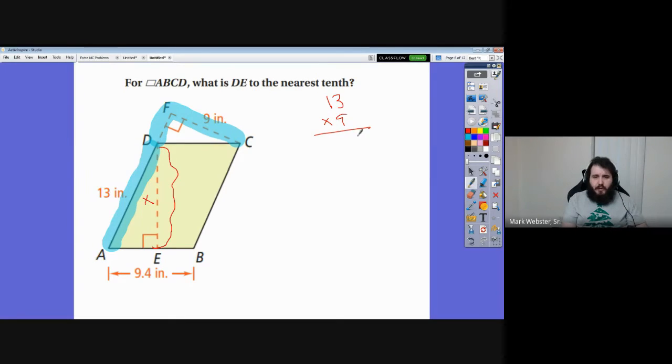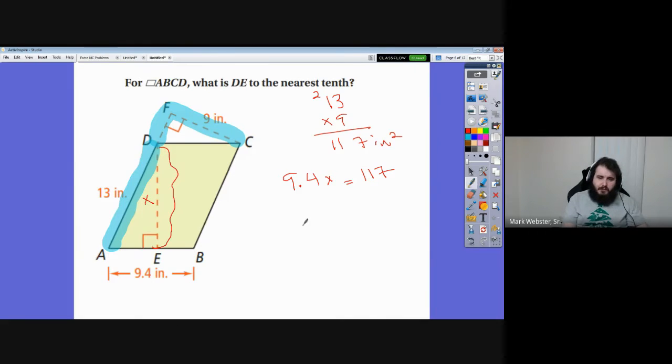Nine times 3 is 27. 9 times 1 is 9, plus 2 is 11. So we got 117 inches squared. And now, base times height here should be the same thing, right? 9.4 times x had better be 117, right?